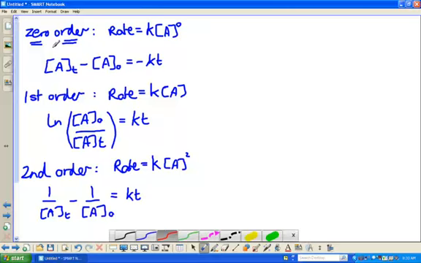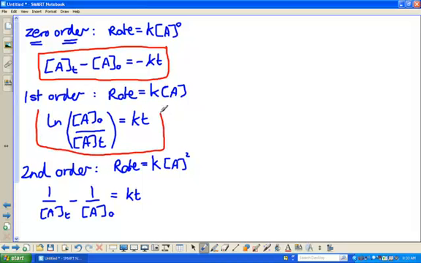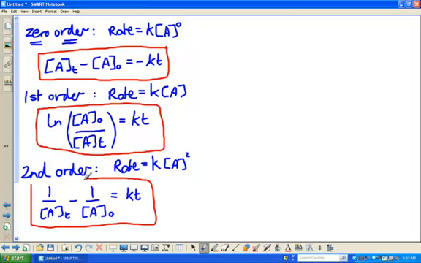All right, so our three integrated rate laws. Here's one, here is two, and here is three. So these are the three integrated rate laws we're going to concern ourselves with. So let's do an example of a particular calculation involving one of these.